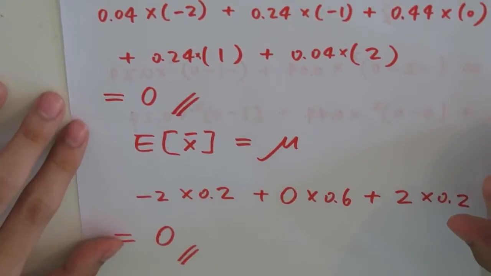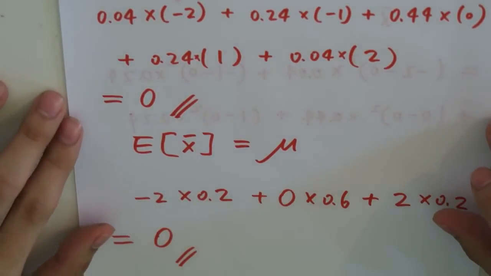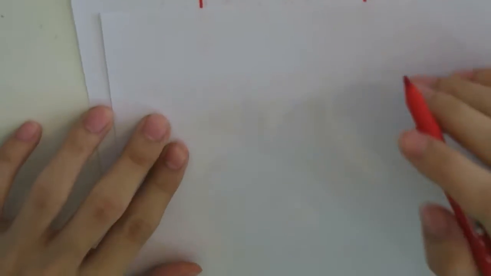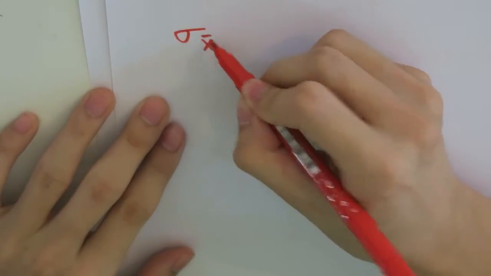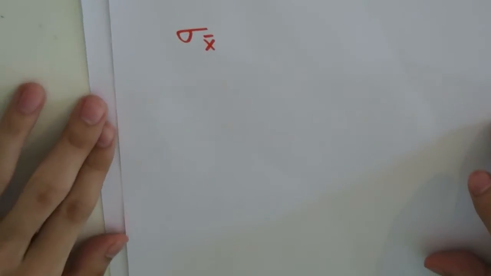Okay, now let's look at part C. In part C, we want to calculate the standard error, sigma x bar. There are also two approaches for this question. First of all, we want to use a relationship between the population and the sampling distribution of sample mean.